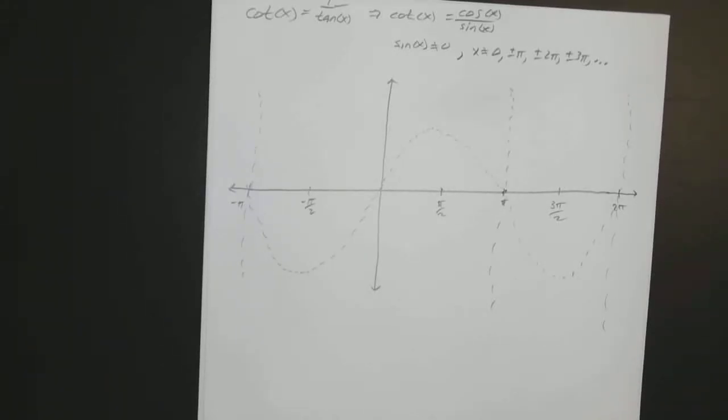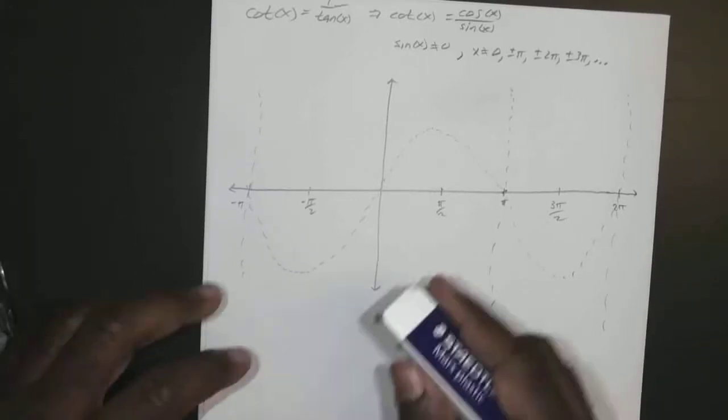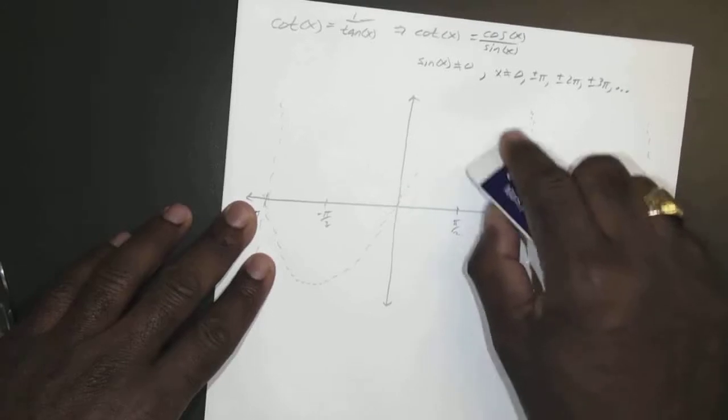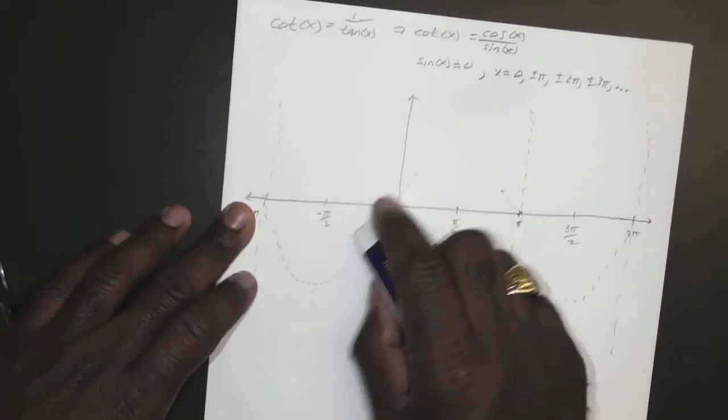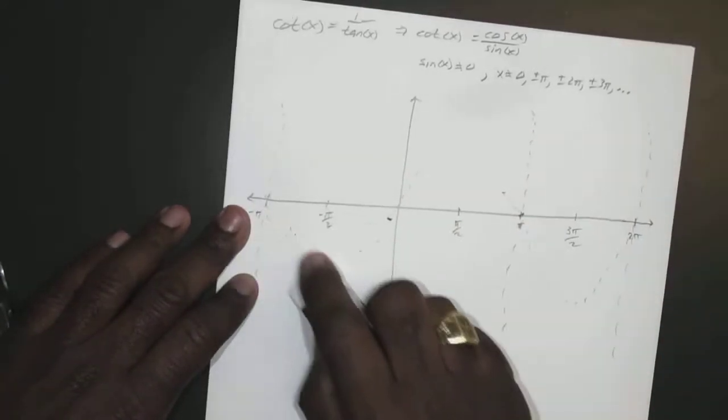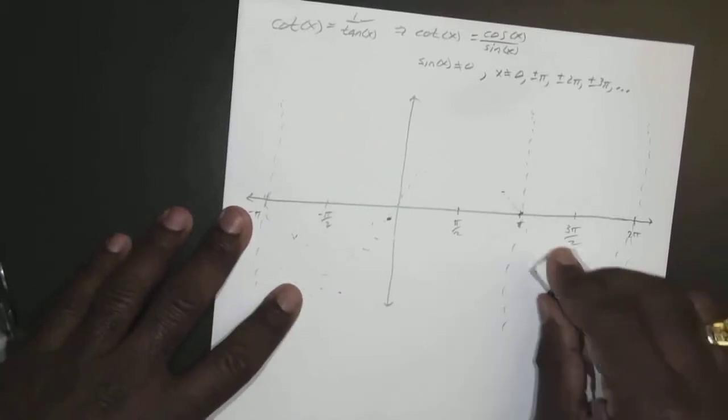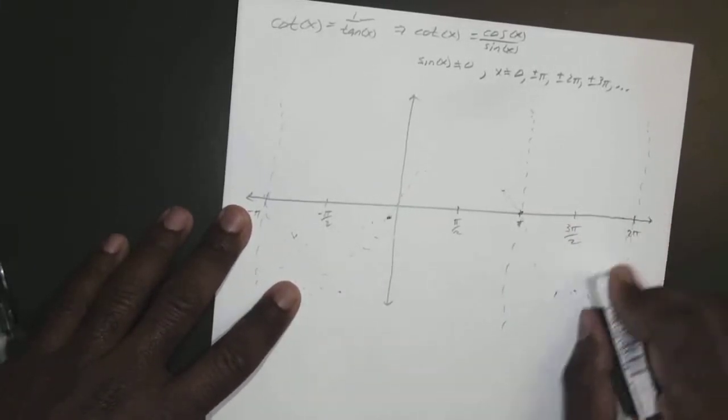Okay, so if you remember, just a quick note, we can erase these completely because we're going to focus more on tangent than anything. You can actually erase them if you want, or you can draw a new one starting out.